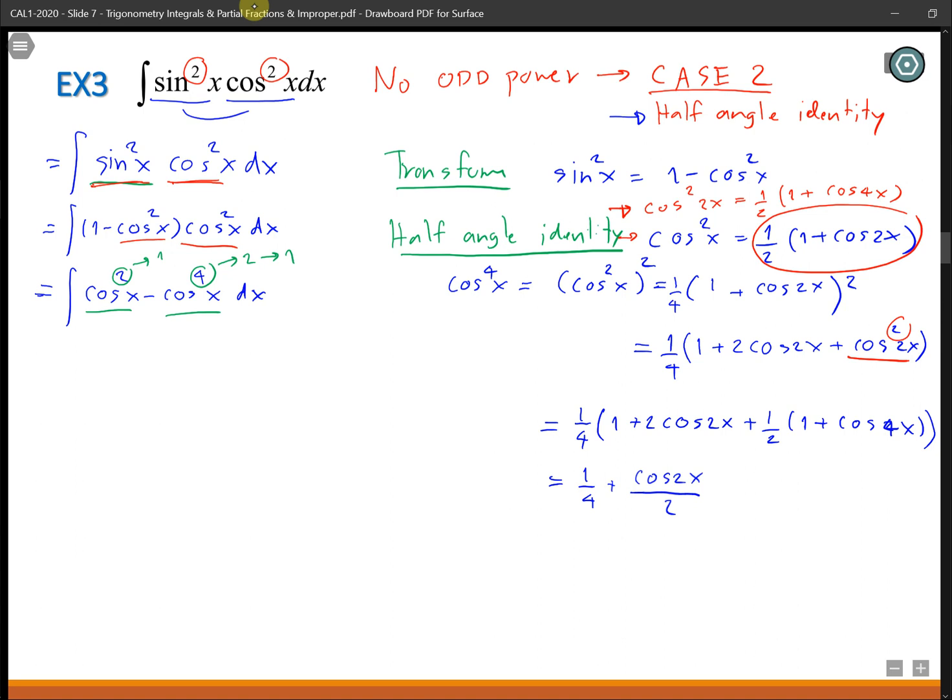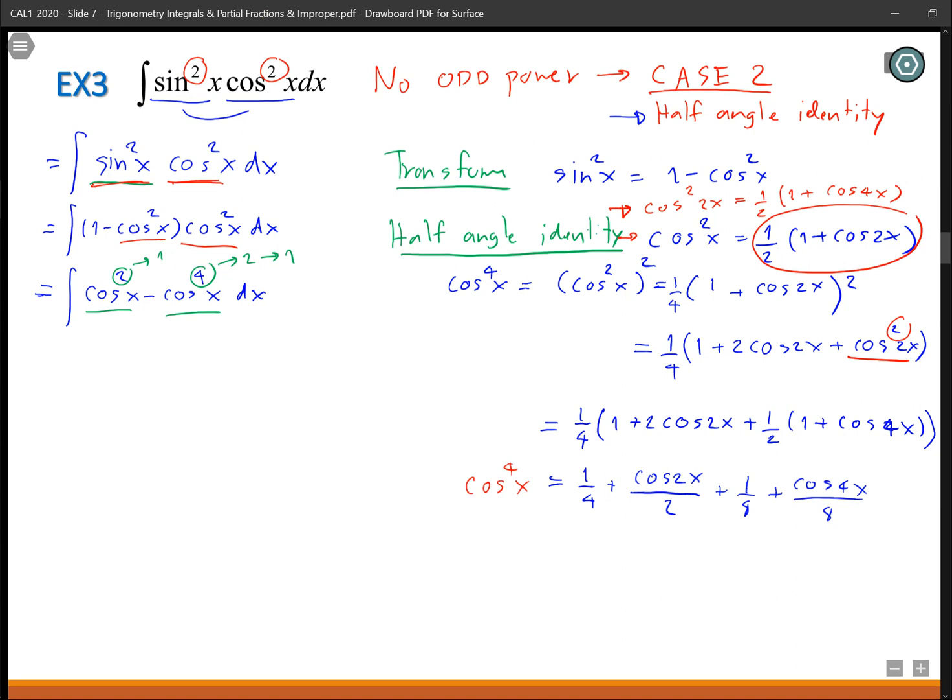After that, we have 1 over 8, and we have cosine of 4x divided by 8. Okay, so all of this is going to be equal to cosine of x to the 4th.